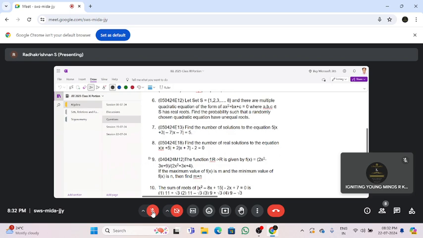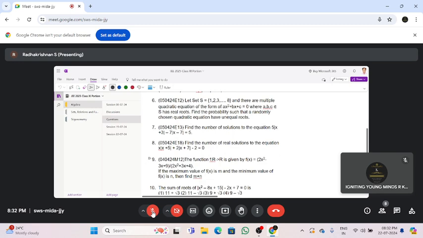Look at problem number 6. Okay, a multiple similar problem. Here it is given that ABC has real roots. Find the probability that a randomly chosen quadratic equation has unequal roots. So what is the condition for unequal roots? Discriminant greater than 0. Yeah.